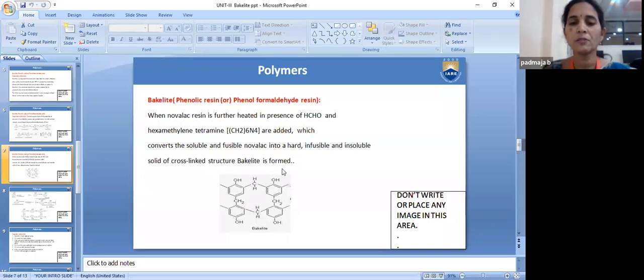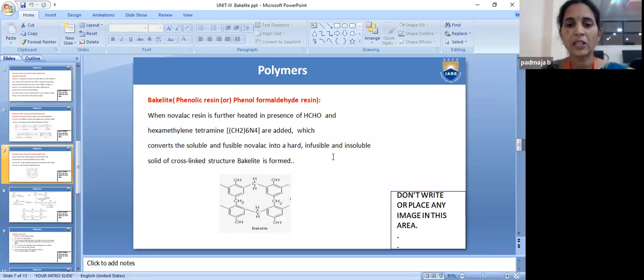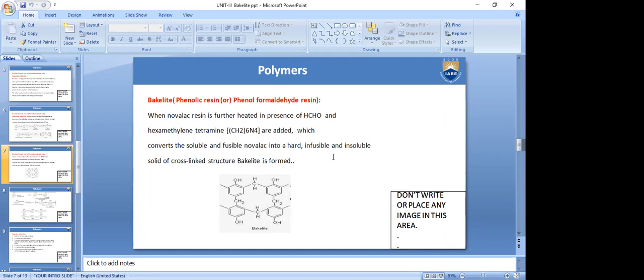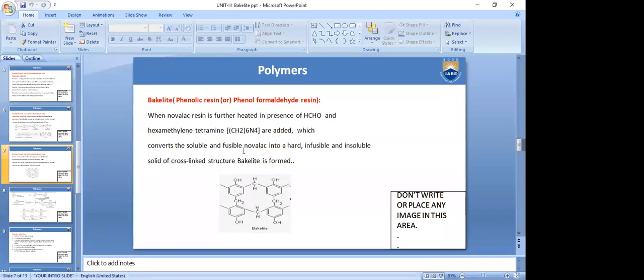So what will we get when we heat that polymer, Novolac? It will be converting into Bakelite. Bakelite is an insoluble, hard, infusible solid, a cross-linked structure, whereas Novolac is a soluble and fusible linear polymer.